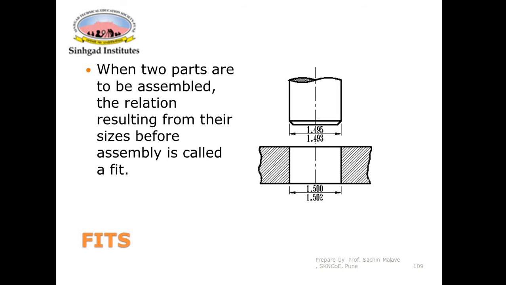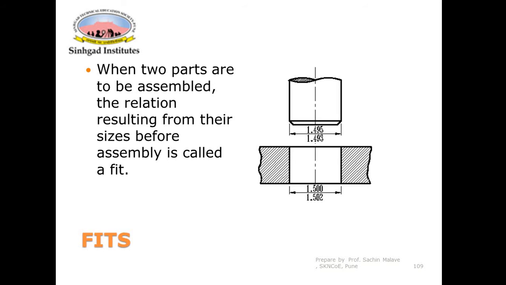another is the hole. And now we know that the size of the shaft can vary between any of these sizes, that is, it can vary from 1.493 to 1.495. Also it can vary from 1.500 to 1.502.